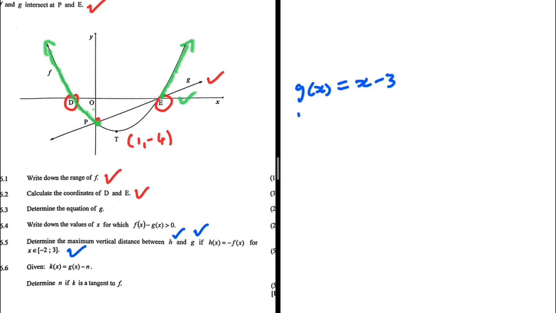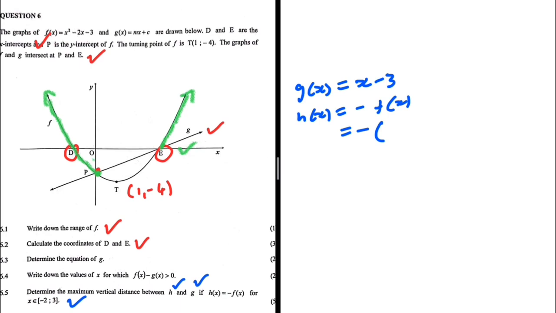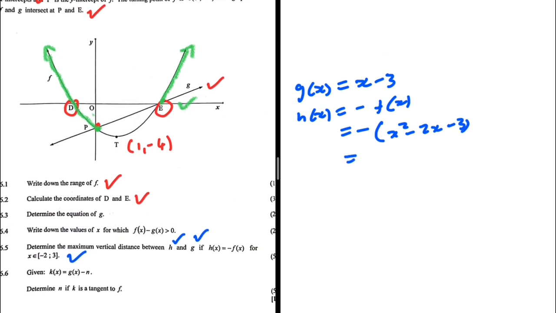And h of x, on the other hand, is equal to minus f of x. We just need to substitute f of x here. F of x is x squared minus 2x minus 3. So we have minus x squared plus 2x plus 3. This is h of x and this is g of x. We want to determine the maximum vertical distance between these two.